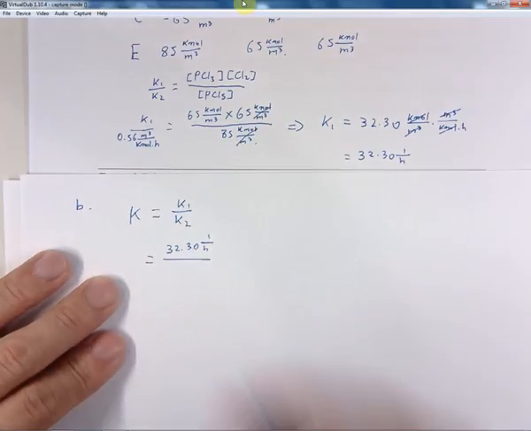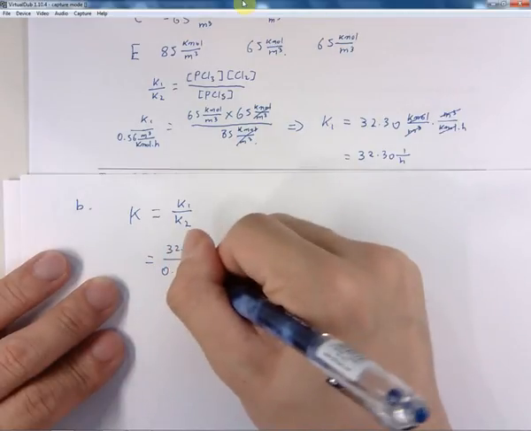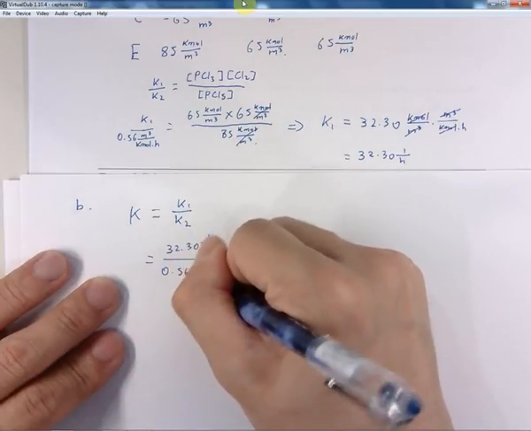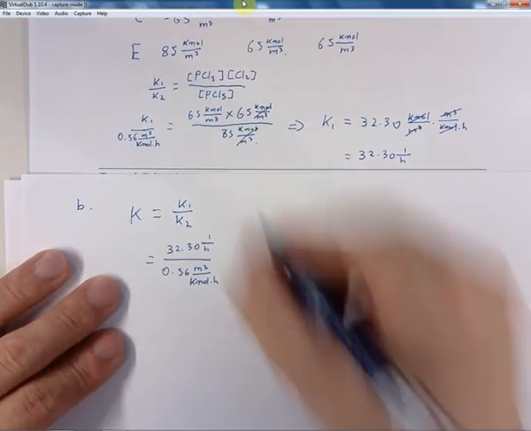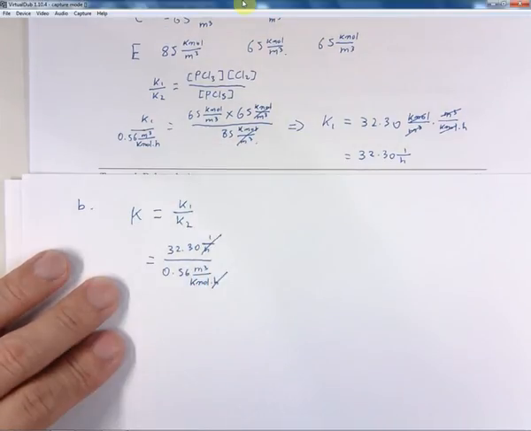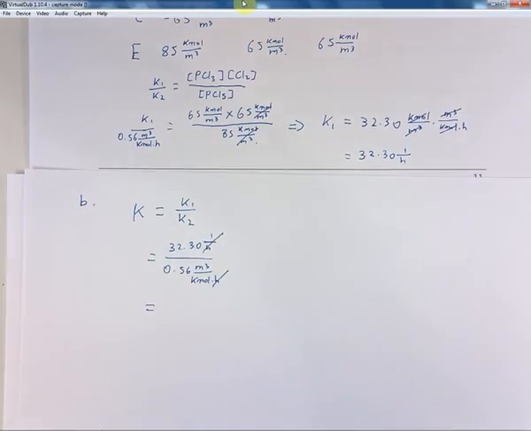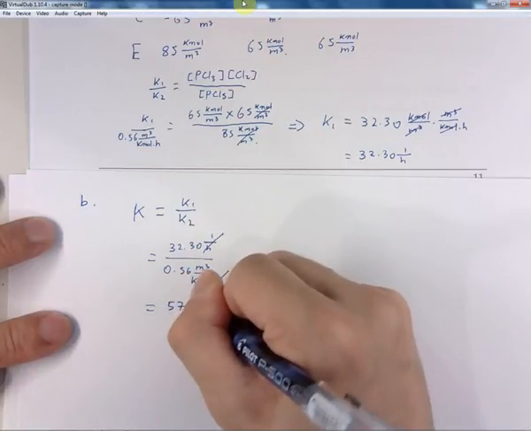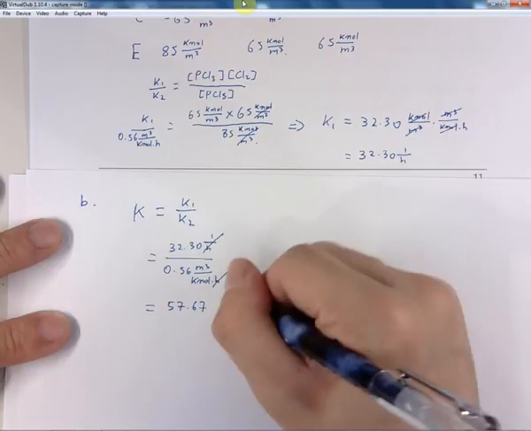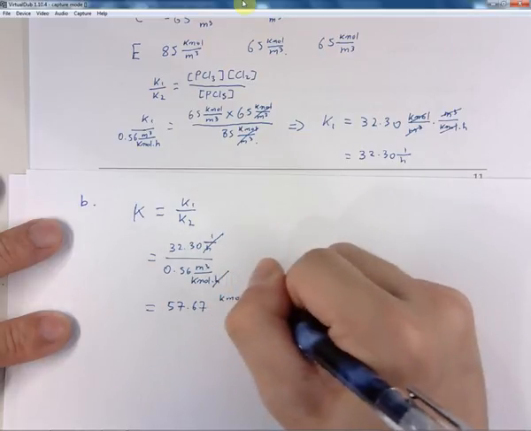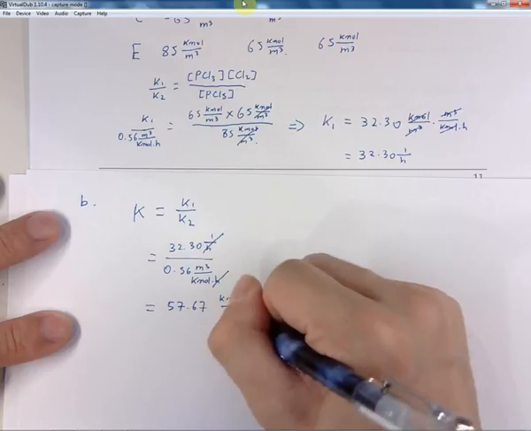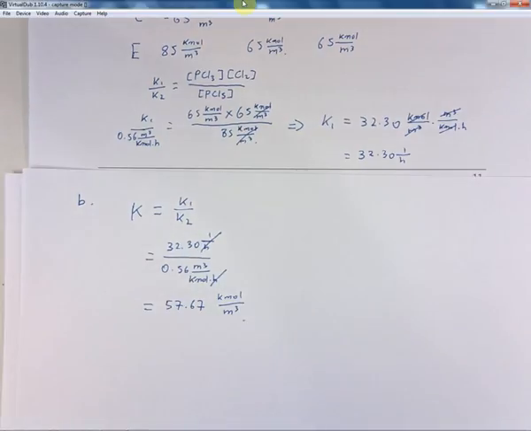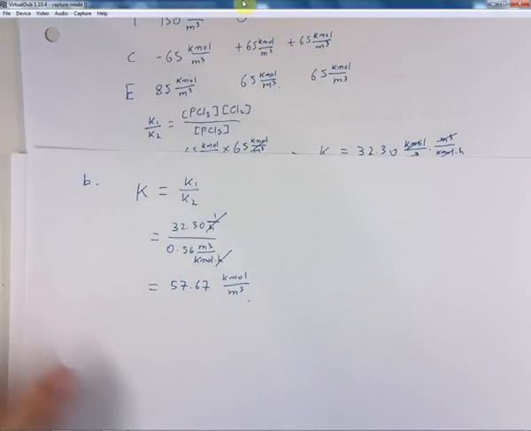K2 is given as 0.56 meter cube per kilomole per hour. So the per hour, we can cancel it off. K will have a value of 57.67, and with this you will have kilomole per meter cube. So this is the value of K, the equilibrium constant.